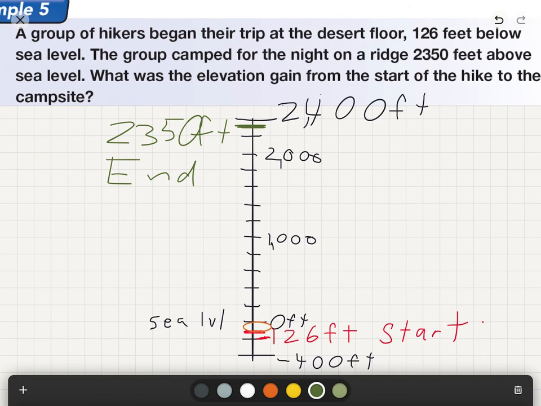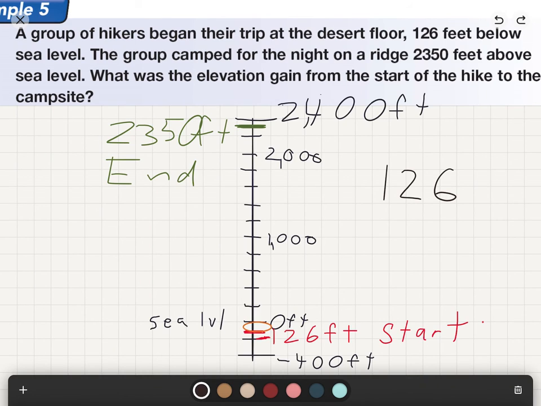So what we need to do now is, this is kind of why absolute values can be useful, we are thinking in terms of the value of 126 feet as the first leg they've got to go in order to get to 0. So we're not going to say negative 126 feet because that doesn't help us solve our question.